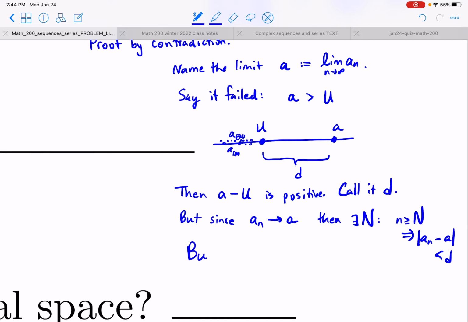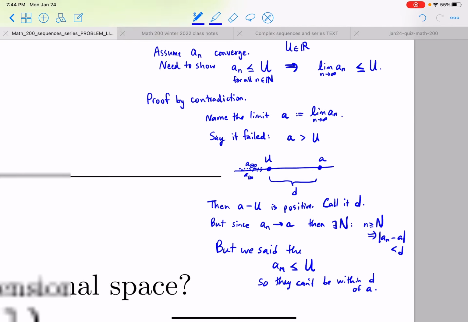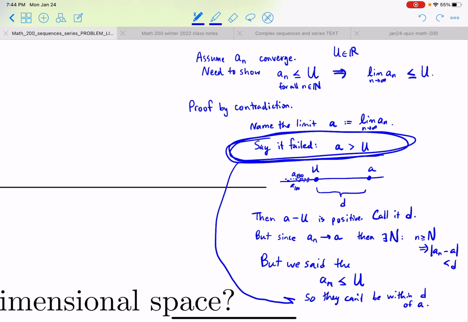But we said the a sub n were less than or equal to u, so they can't be within d of a. So that's a contradiction. So basically what we're saying is this must be wrong. Our assumption that it actually failed, that little a, the limit, was bigger than u, obviously was wrong because it caused a contradiction to the thing we were assuming.